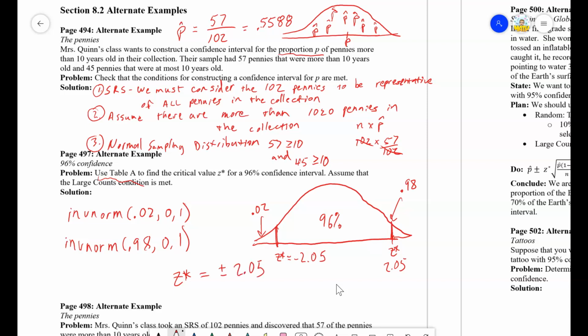That's how we construct a confidence interval. We would want to add 2.05 standard deviations to the right and subtract 2.05 standard deviations to the left, and that would give us 90% confidence that that interval contains the true proportion of values that describes what proportion of pennies are more than 10 years old in their collection.